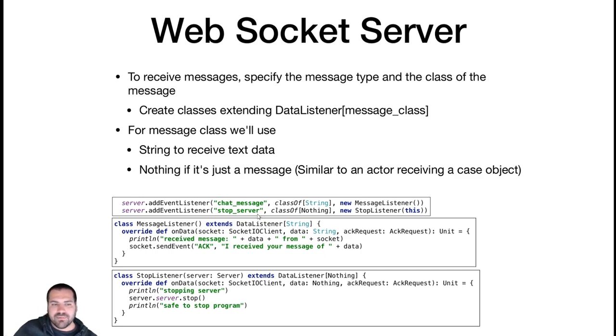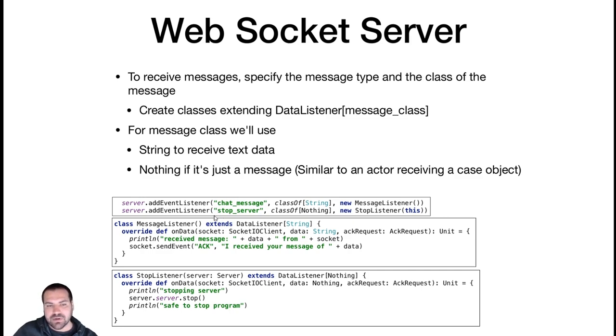We're going to receive a stop server message that we're handling like a case object. So chat message is like a case class with one constructor value of type string. Stop server is like a case object of type stop server with, of course, no constructor and no other functionality, just a message type, just kind of a signal message.